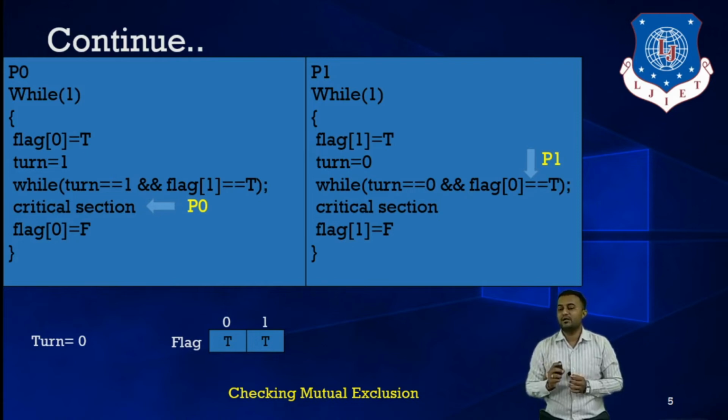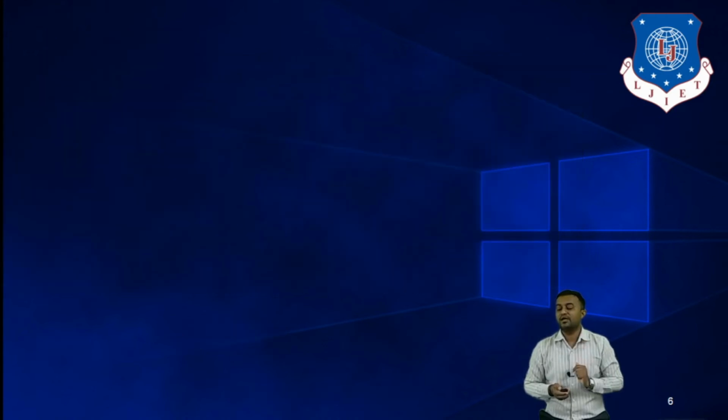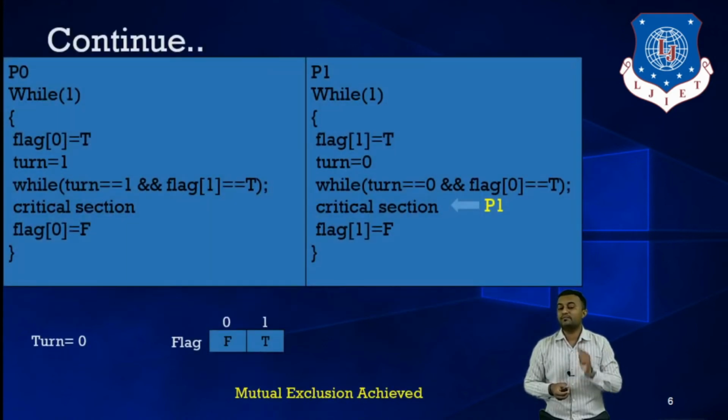So turn variable value is 0. Yes, condition is true. And flag of 0 is equal to true? In this case the value would be false, because now P0 has come out from the critical section. So one condition is true and the second one is false.